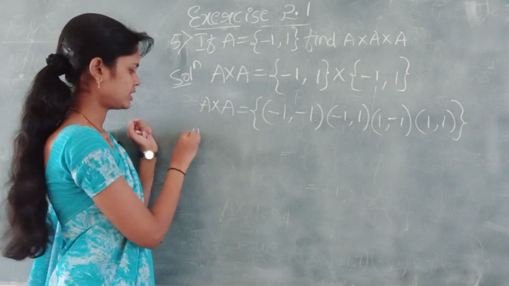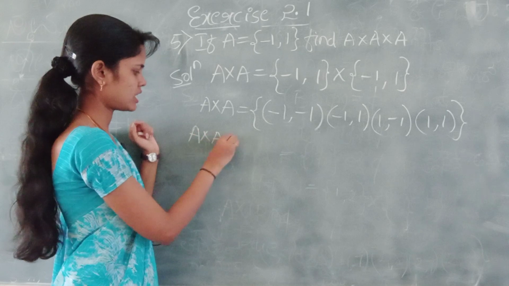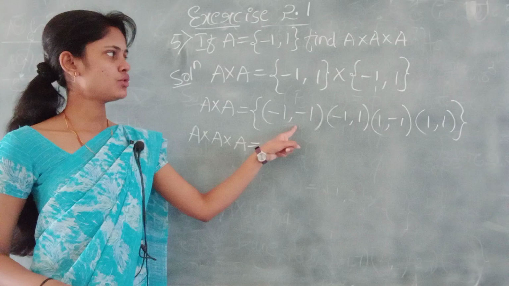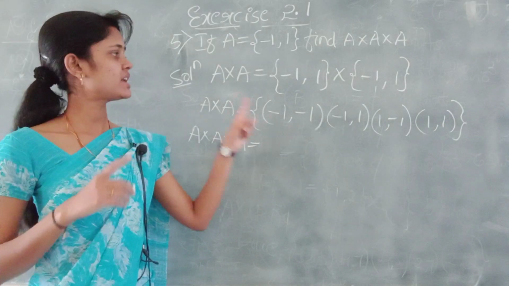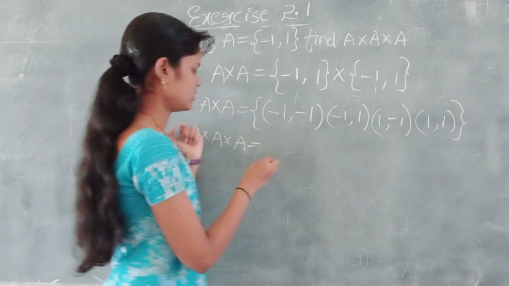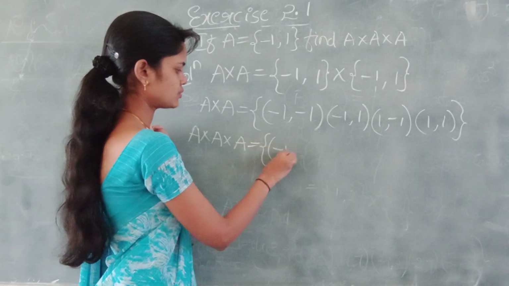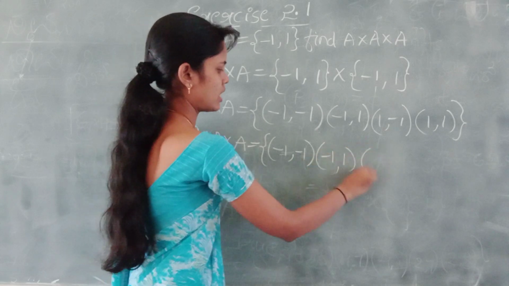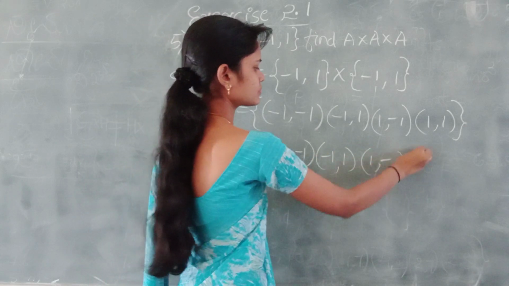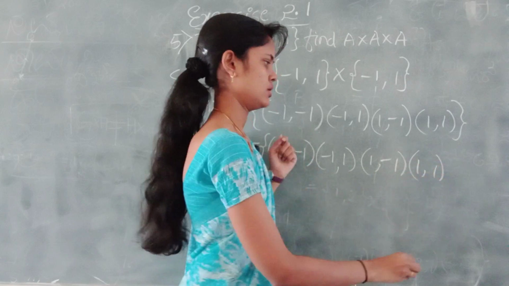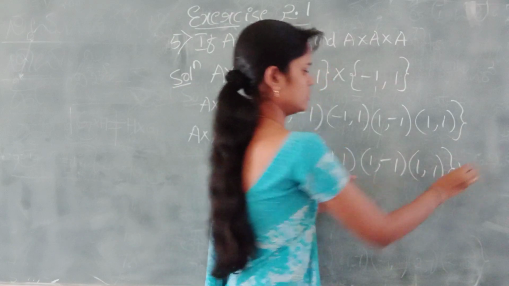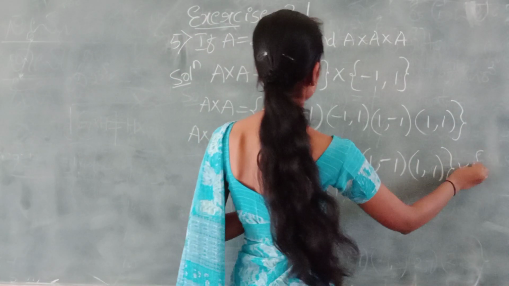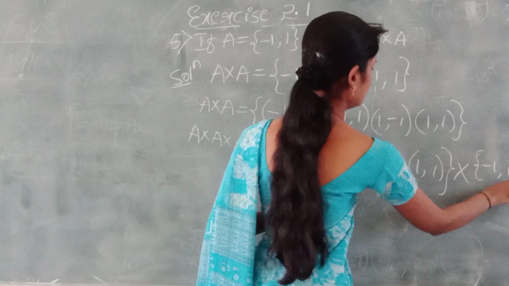Then we will go for the triplet of A, that is A cross A cross A. For this we have to take another multiplication of A. I will write here minus 1 comma minus 1, minus 1 comma 1, 1 comma minus 1, and 1 comma 1, cross another element of A, that is minus 1 comma 1.